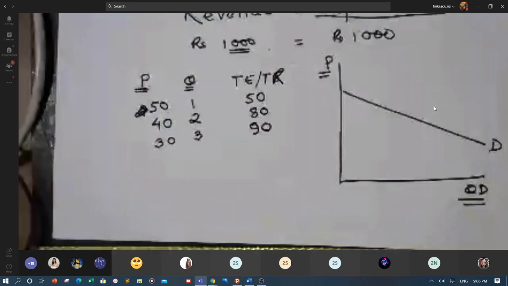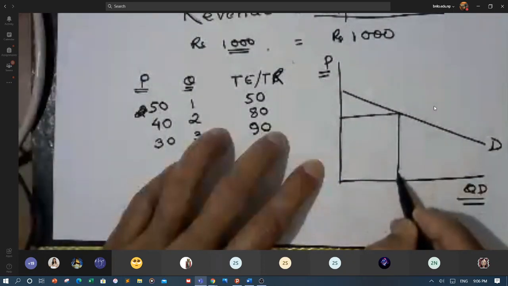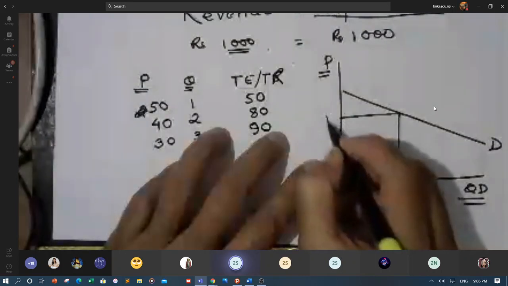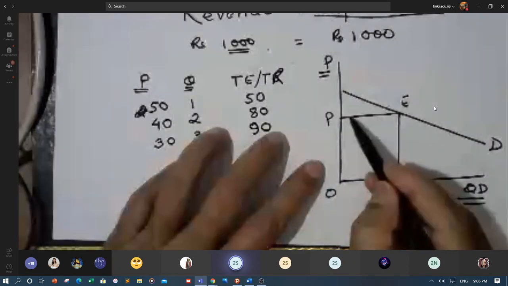Whatever the figure, the demand curve is shown, what type of elasticity is it? Suban? Sir, it is relatively more elastic. Okay.